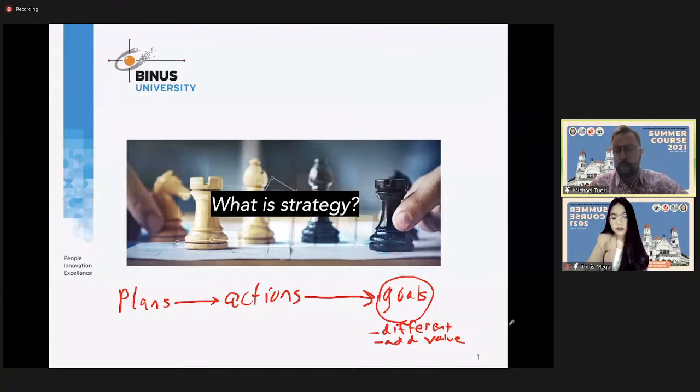But we want to add value, and we don't want other people to be able to copy what we're doing. So if we can be different from the other companies in the market in a way that adds value, and other companies can't just easily copy right away what we're doing, we can get what is called sustainable competitive advantage. And that's really the goal of strategy.